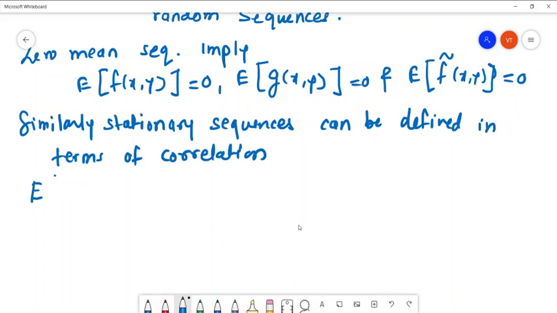So it is given as the expectation of f of xy, f of i comma j. This is a correlation.